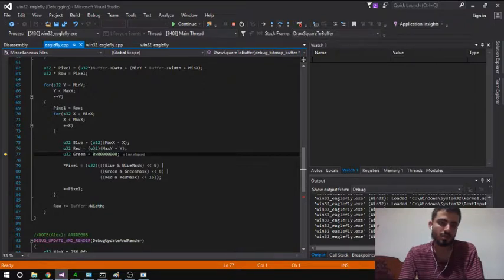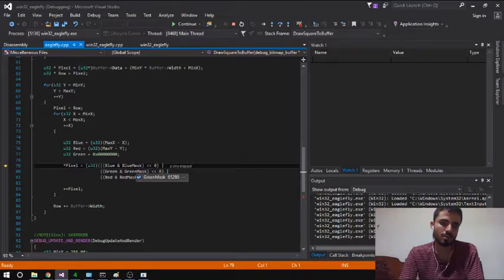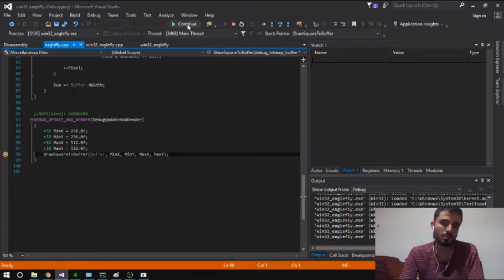And the red's max y, 256, so the red should be 256 also. We shift it by the blue, the green and the red, and shift it out to 16. We got the pixel, so continue.